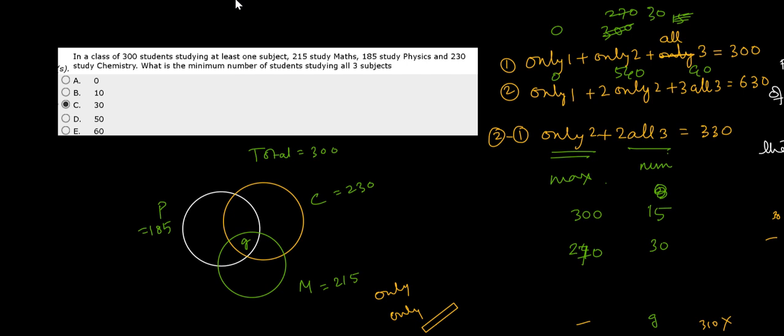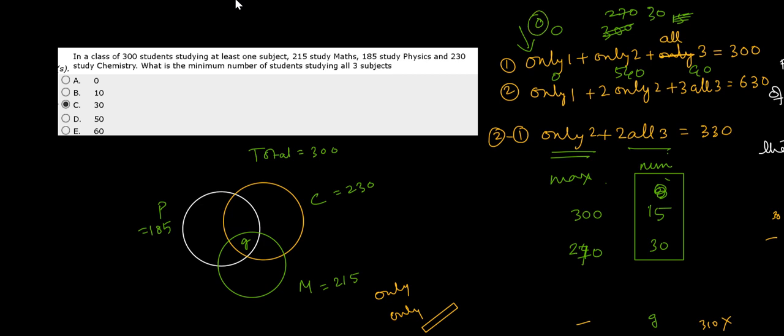Is it clear to everyone? So whenever you are given this kind of problem, the minimum value of all three will happen when only 1 is zero.